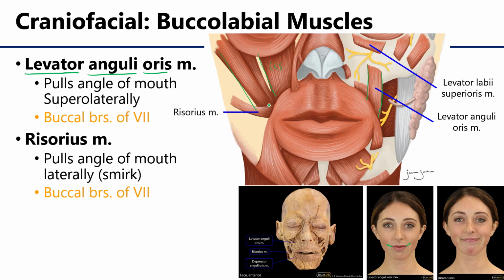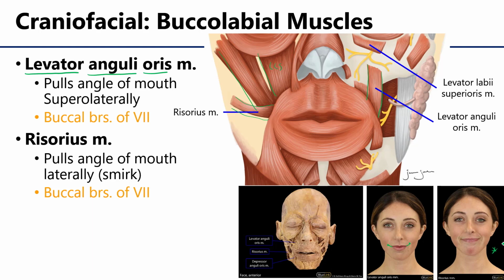The risorius muscle you can sometimes find as we are dissecting. It runs from the modiolus more laterally along the face, and it pulls the modiolus laterally. So if you can imagine, well, you don't even have to imagine because we've got it right here, a slight smirk, like, huh. That's the risorius muscle.